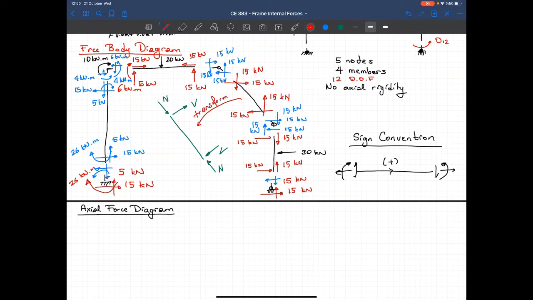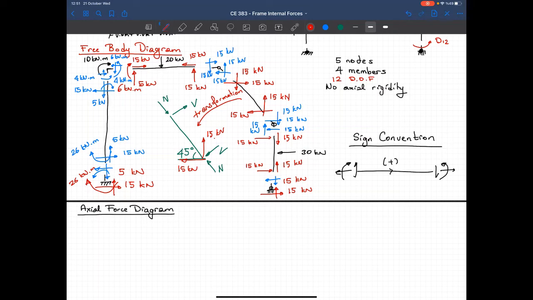We use just geometry here, right? I know that this angle is 45 degrees. So I need to calculate the components. Let me show 15 and 15 here. The components of these two 15 kilonewtons in terms of N and V, right?